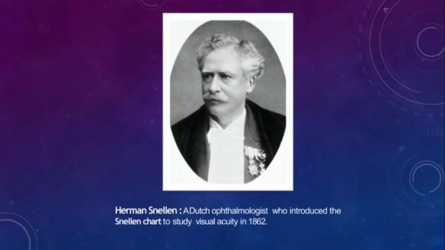Snellen also devised a system of rating vision as a ratio, which is still used today as a measurement of visual acuity. Snellen contributed significantly to the field of ophthalmology and is best known for his work on visual acuity testing and the chart he introduced.